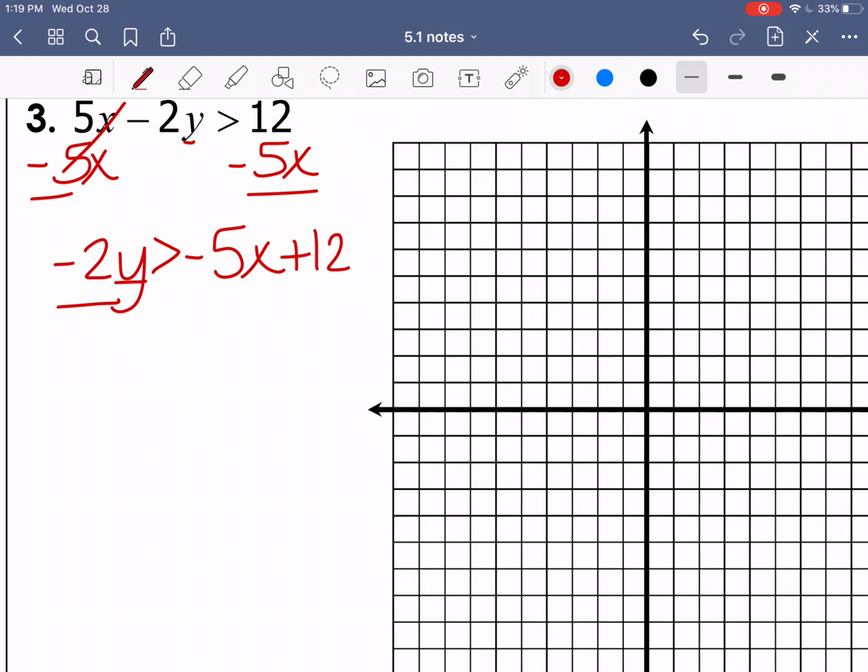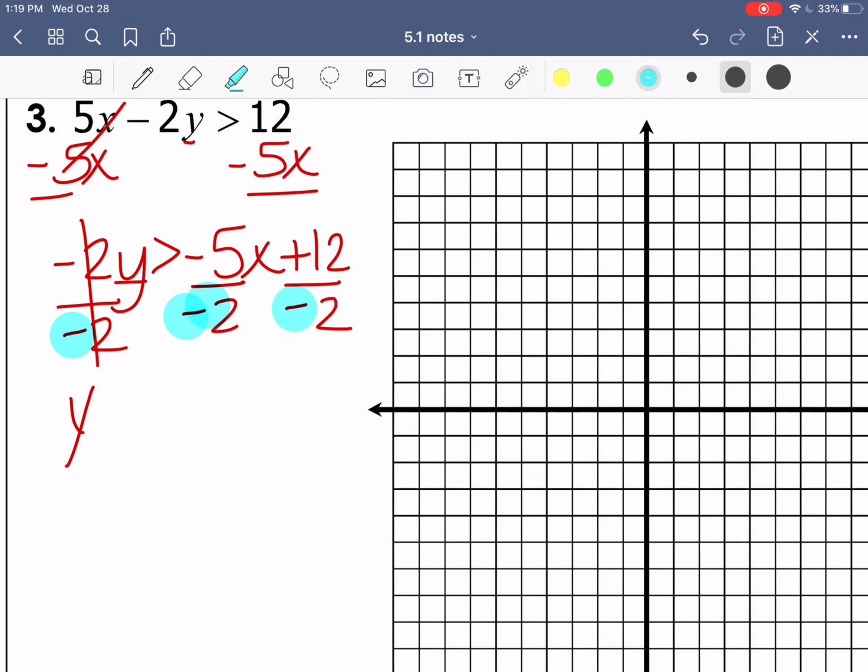Divide everything by a -2. I just divided by a negative, so my inequality sign needs to turn around the other direction. 5 over 2 negative is going to turn positive, and 12 and -2 we know is -6.